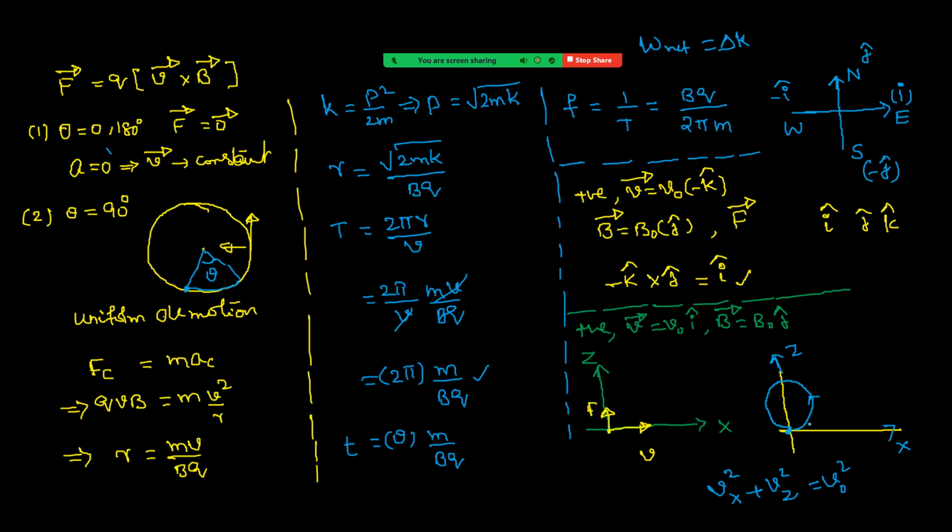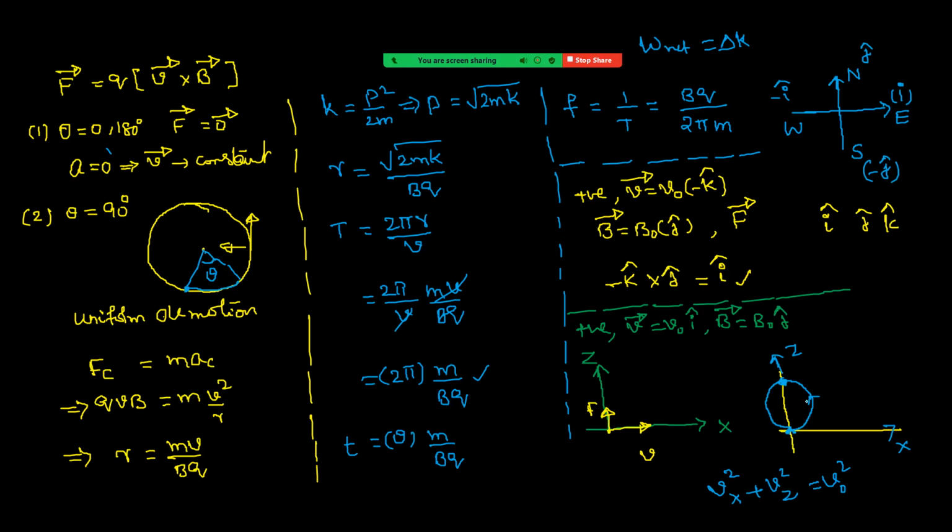Okay. Next, you can see here for half of the time period of revolution, it has velocity component along positive z axis. See carefully, starting from origin till completing a half revolution, it has velocity component along positive z, right?